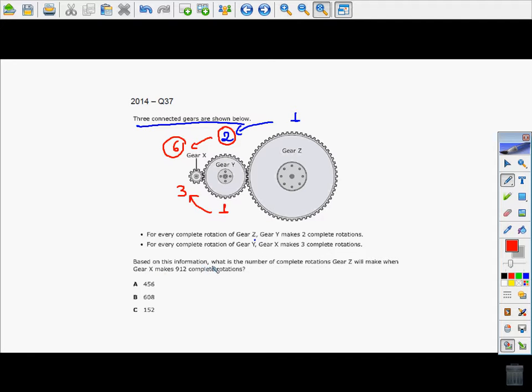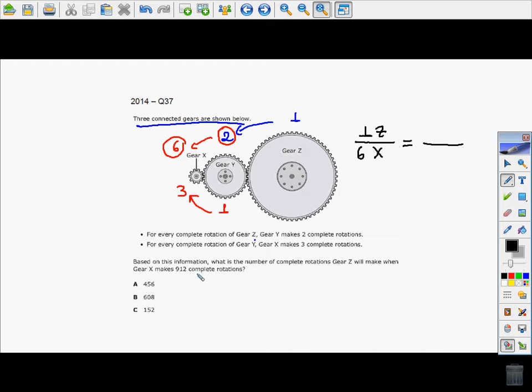Based on this information, what is the number of complete rotations gear Z will make when gear X makes 912 complete rotations? So look here again. For 1 complete rotation of Z, gear X is going to make 6 complete rotations.